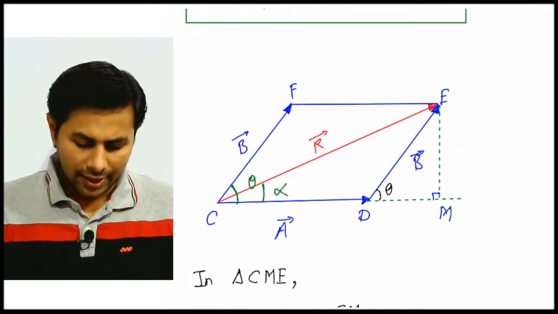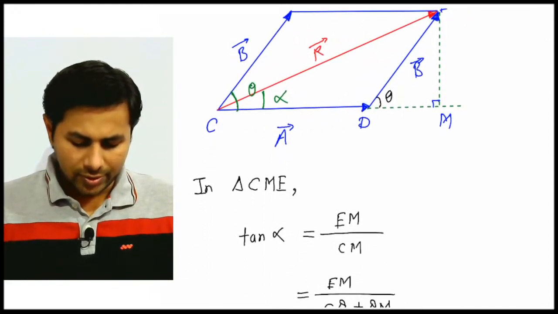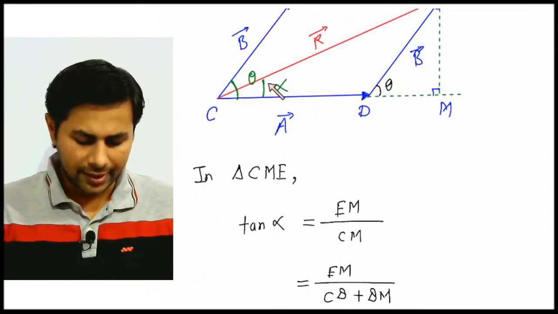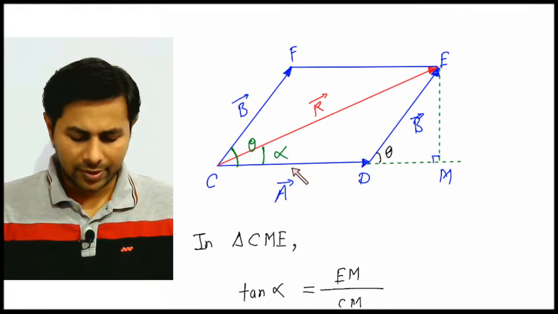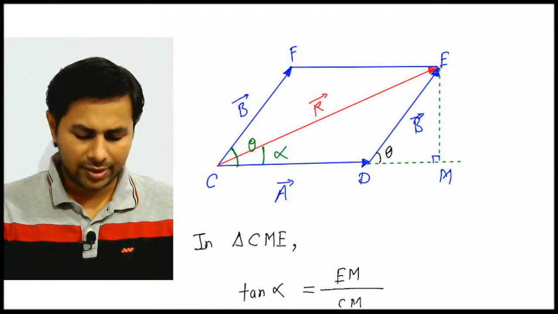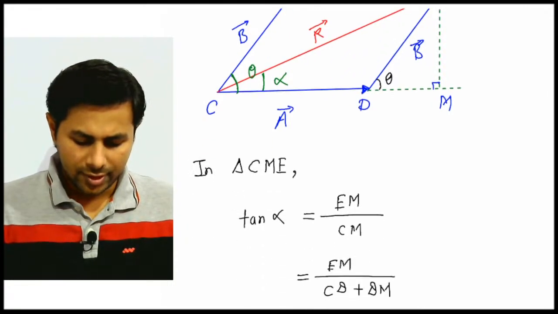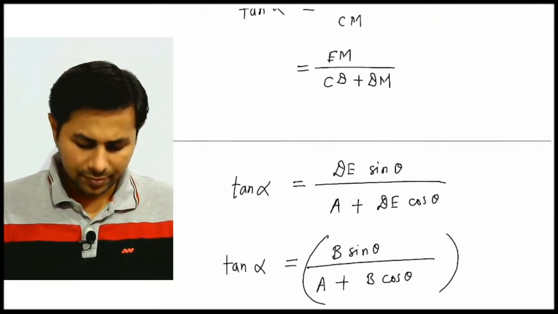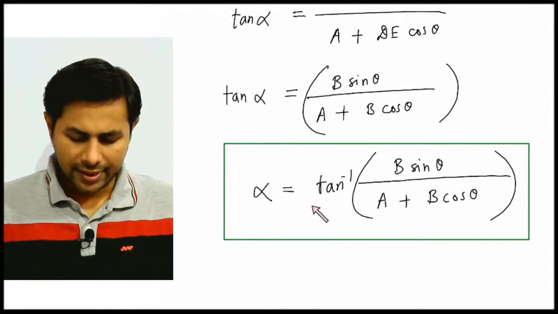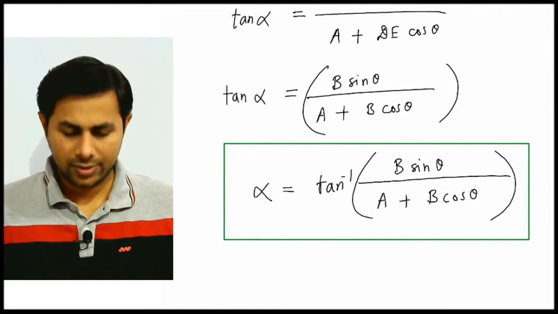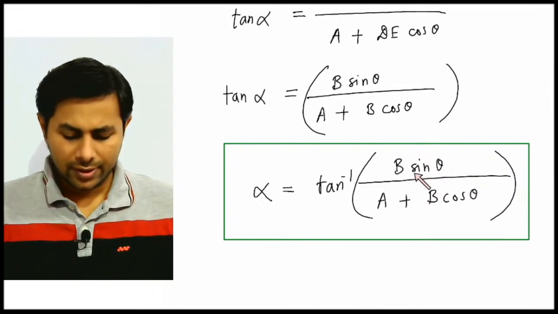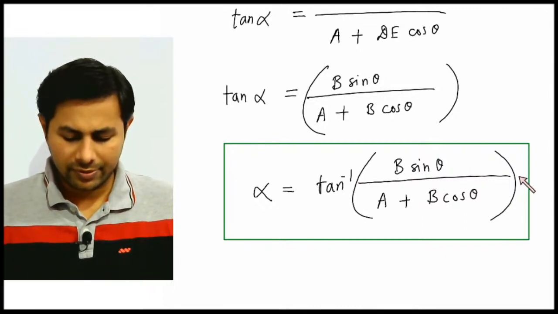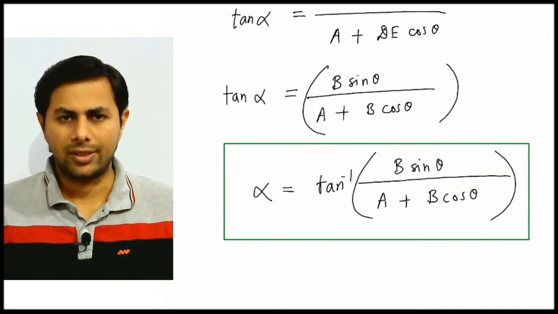We also found the angle the resultant vector makes with one of these vectors, let's say a bar. Suppose the angle is alpha and the angle between a bar and b bar is theta, then alpha is given by tan inverse of b sine theta divided by a plus b cos theta, where b is the magnitude of the second vector.